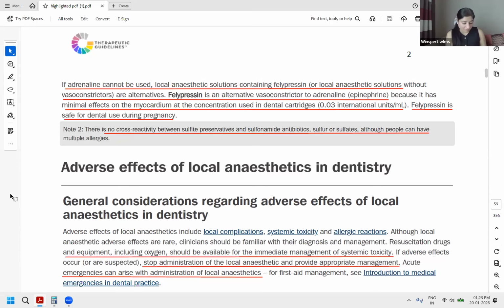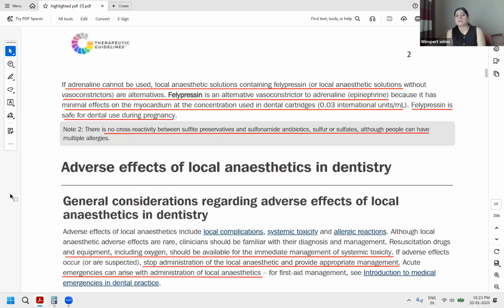So it is also safe for use in pregnancy, as well as in cardiac patients, as well as in metabisulfite allergies. So this concept is absolutely clear, I hope, that the first line of treatment in the patients where you cannot give adrenaline is felypressin.